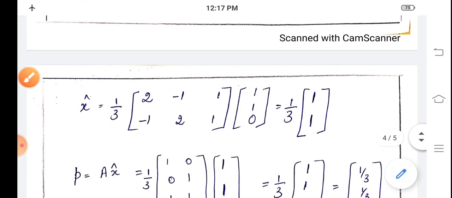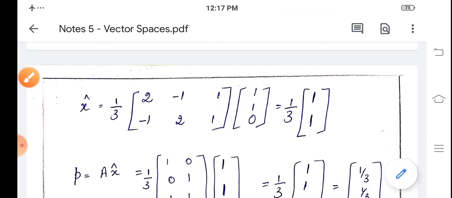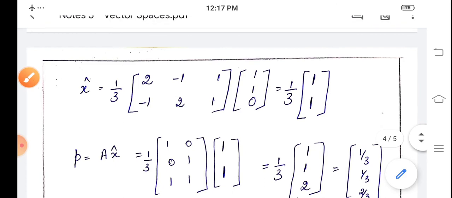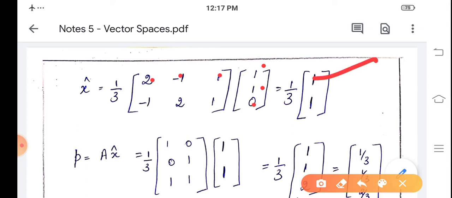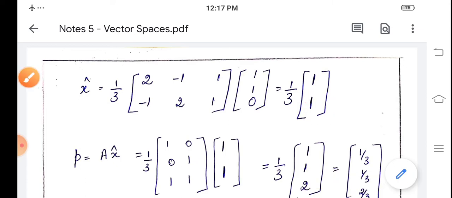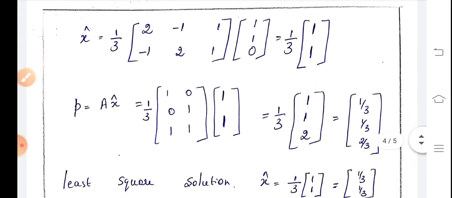And similarly, the last entry, we are getting as 1. That is multiplied by [1 0 0]. Or we obtain 1 by 3 into 2 into 1 minus 1 into 1 plus 1 into 0, that is 1. Similarly, minus 1 into 1, 2 into 1, 1 into 0, that is 1. So, x cap is 1 by 3 into [1 1], or we write it as [1/3 1/3].